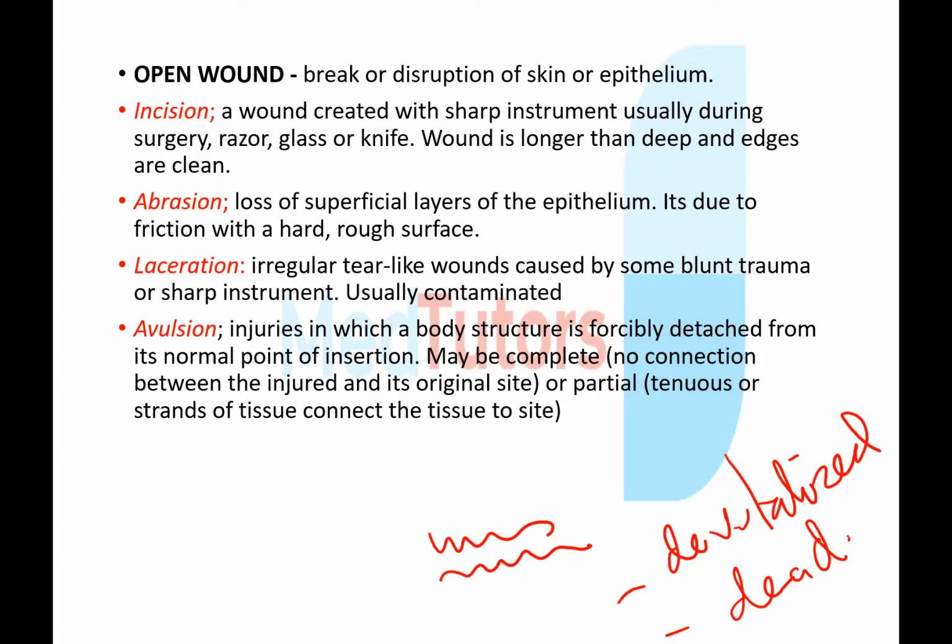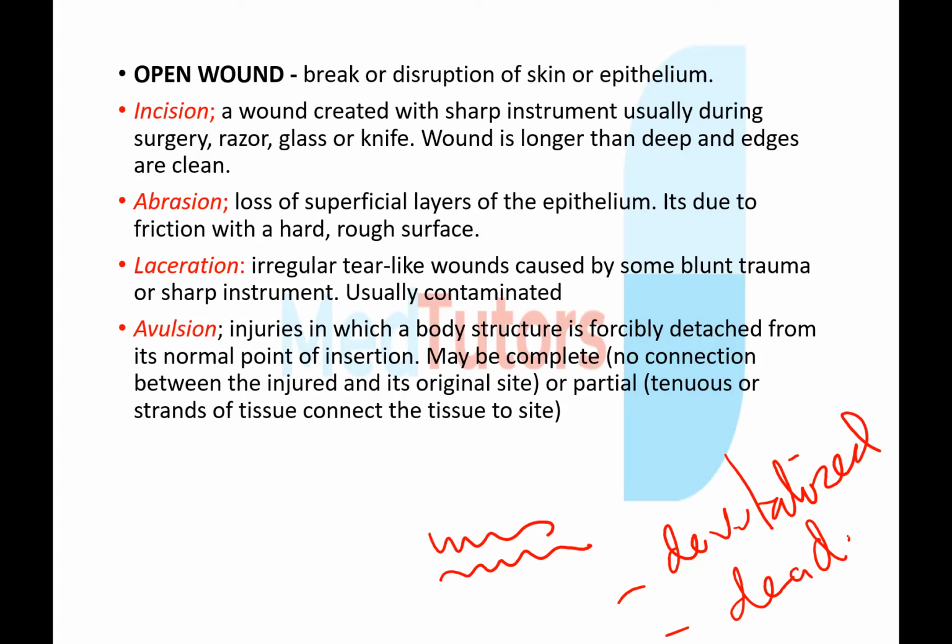Okay, and when you have an incomplete or partial avulsion where it is connected to the body by a tendinous or strand of connective tissue, it might still contain blood vessels that are feeding that avulsed part, and the bleeding will continue profusely. So avulsion could either be complete or partial, which is forceful detachment of a body part.